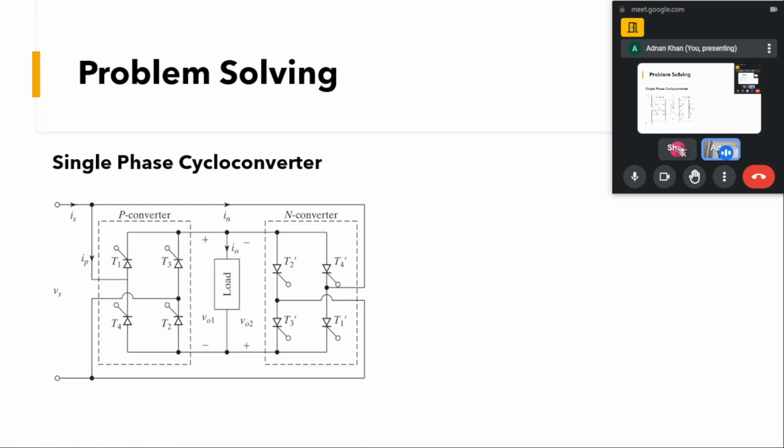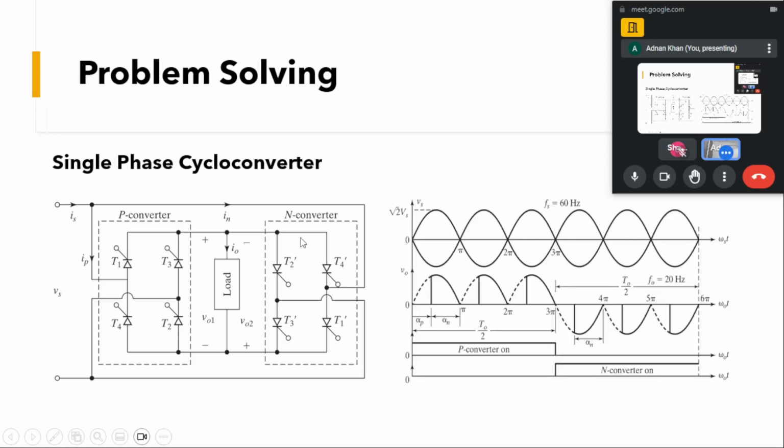And in the n converter, the negative current will be conducted by this n-type converter and not the positive one. So during the positive half, p-type will be conducting.